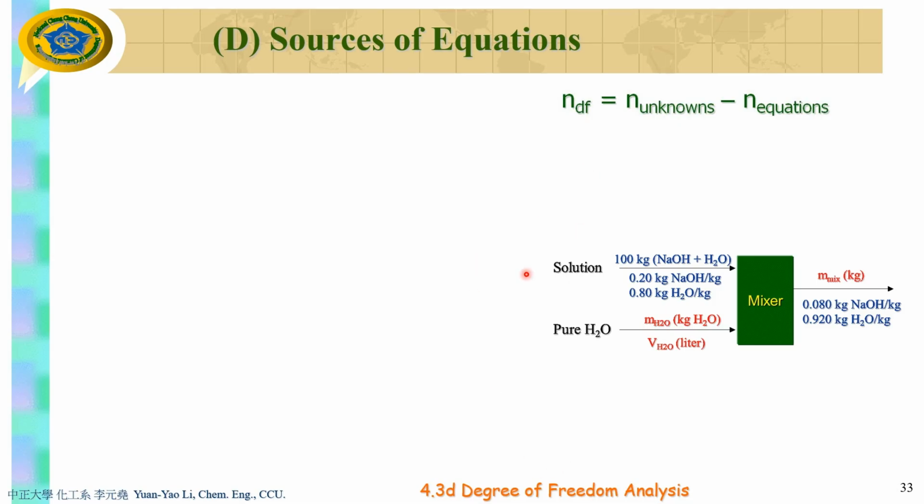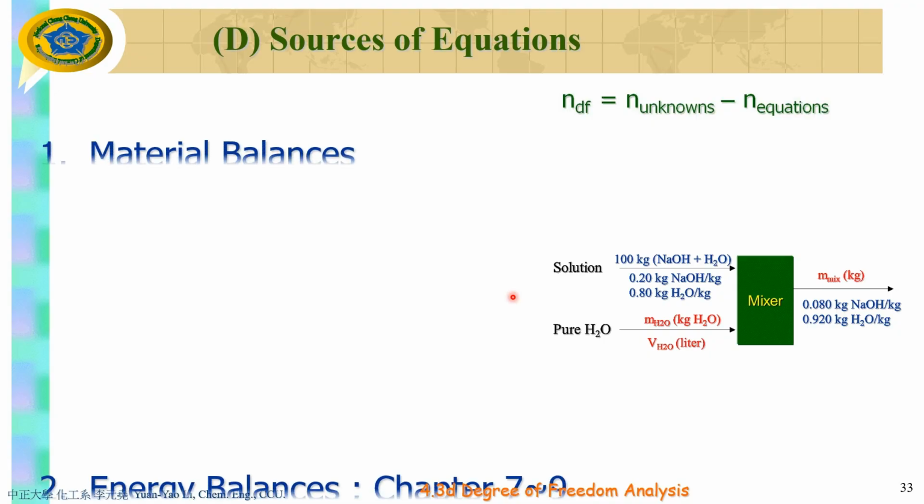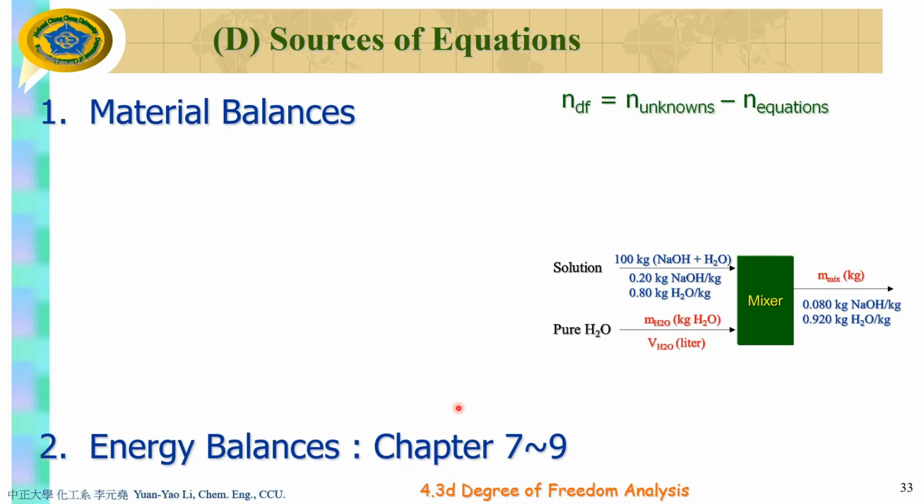So now this is the technique for you to find the equations. Okay, for the mass balances, you have 6 directions to find equations. For the energy balances, that will be in chapter 7 and chapter 9, so forget about that at this moment. So first, there are 6 directions.